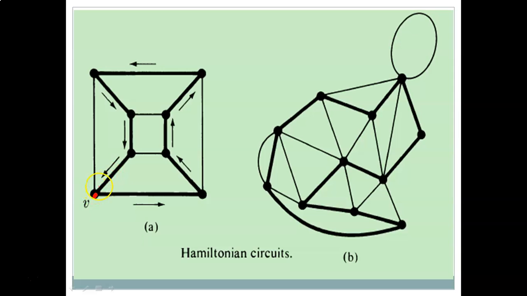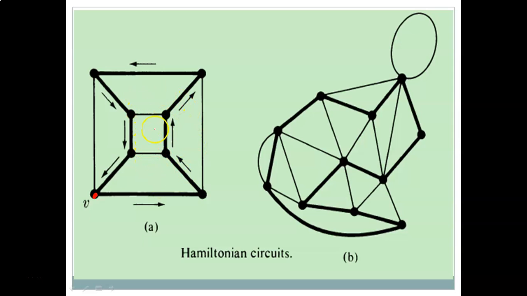So in this manner, you can see that we have traversed through all the vertices of this graph, but two edges have been left untraversed. So in a Hamiltonian circuit, each vertex will be traversed exactly once except the initial one. Edges may be left. For example, here you can see these two edges have not been traversed.